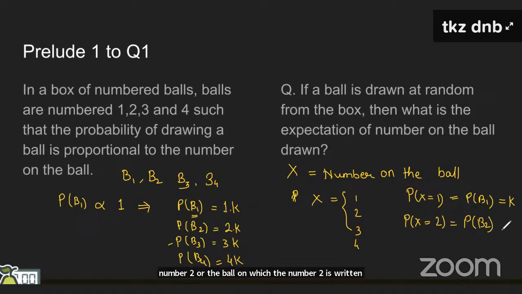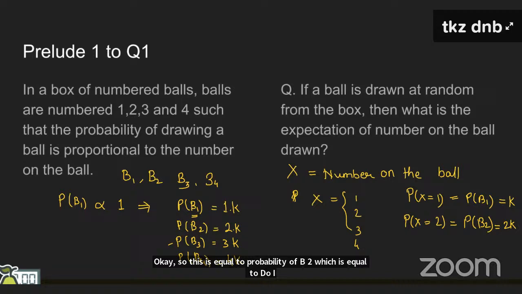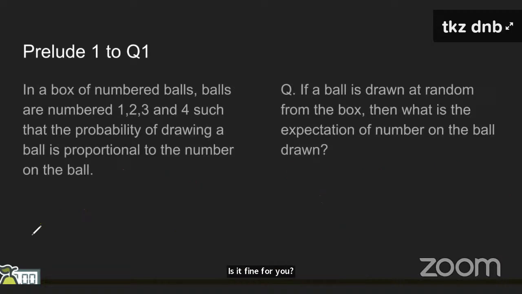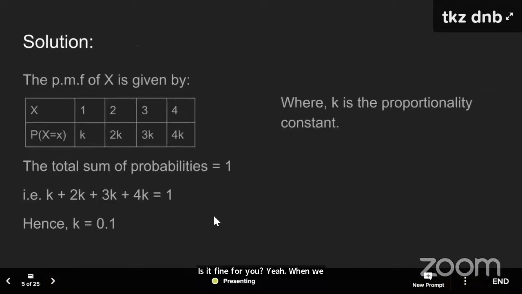So it is equal to the probability of B2, which is 2K. Similarly, you will have P of x equal to 3 and x equal to 4. Is it fine for you? Yes, ma'am. When we calculate these probabilities and make a table, we call it a PMF.